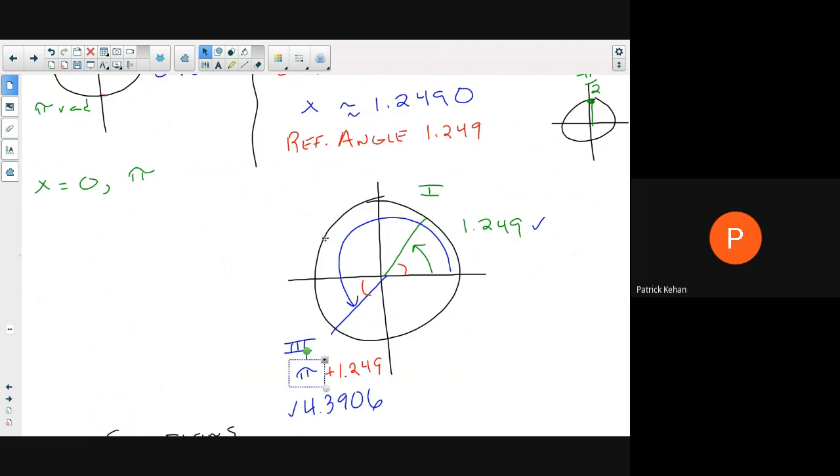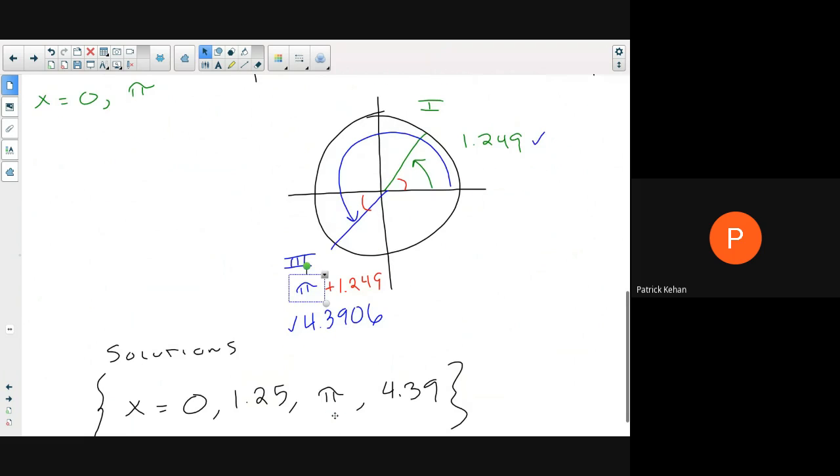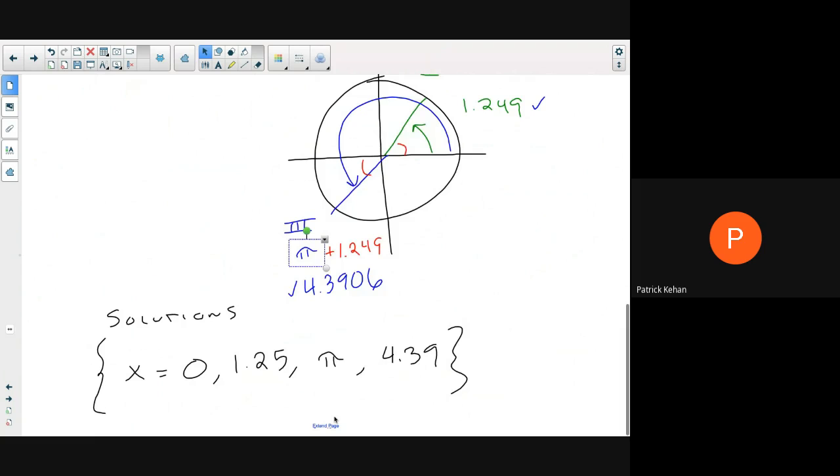Remember, half a rotation is pi radians, plus that reference angle gives us 4.3906 radians. Now it's safe to round. We list our angle solutions from least to greatest: 0 radians, 1.25 radians, pi radians, and 4.39 radians.